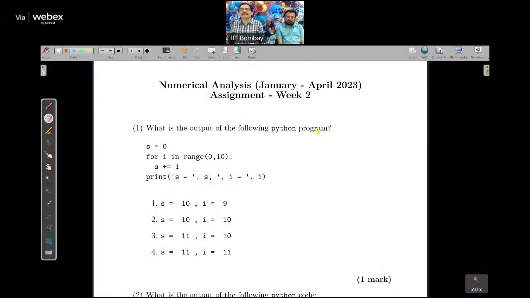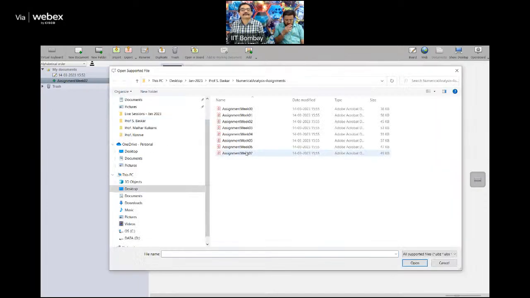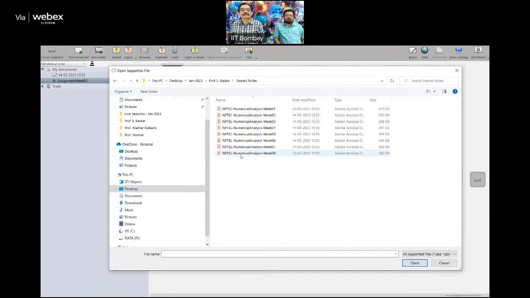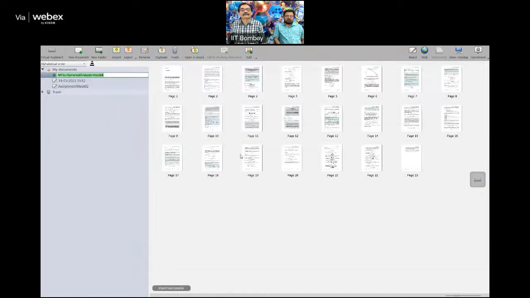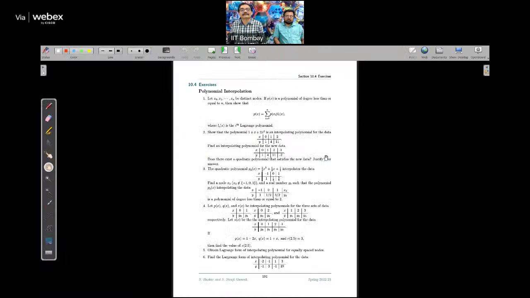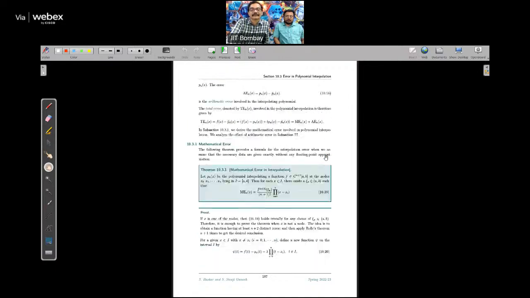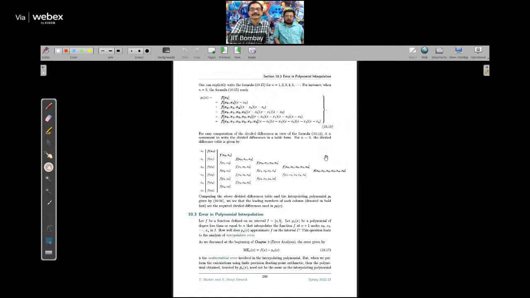So, how to find the error in polynomial interpolation.